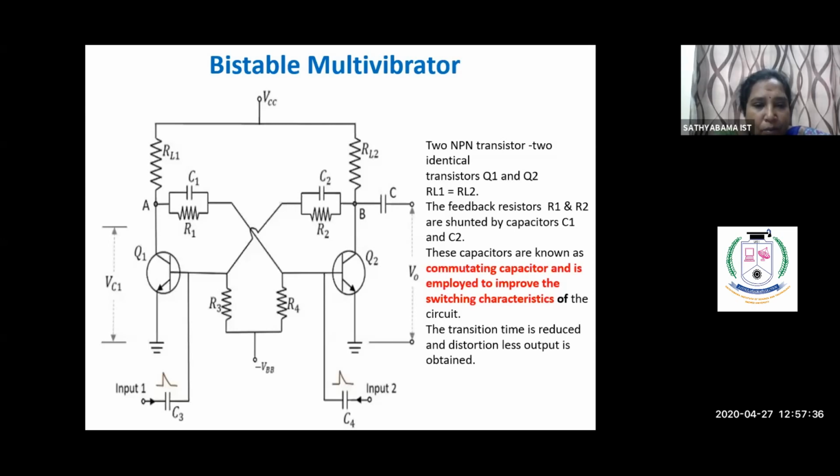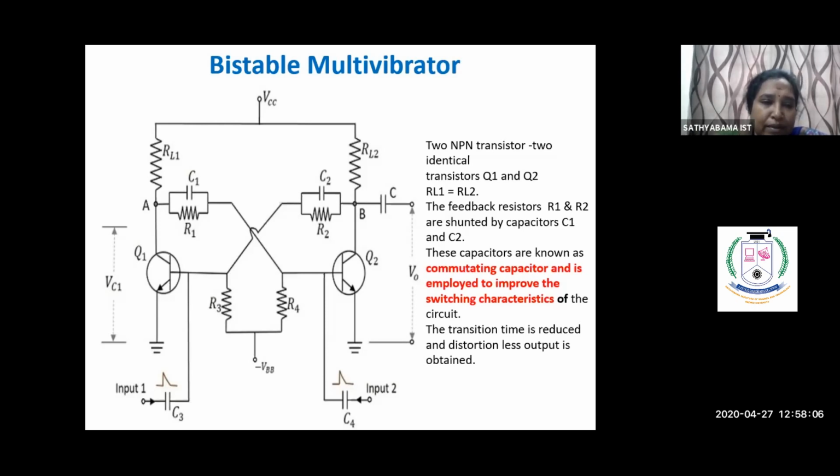At the Q1 transistor output, point A, the R1 resistance is coupled to the base of the Q2 transistor. Same like the output of the Q2 transistor, point B, is connected through the R2 resistance to the input of the Q1 transistor.